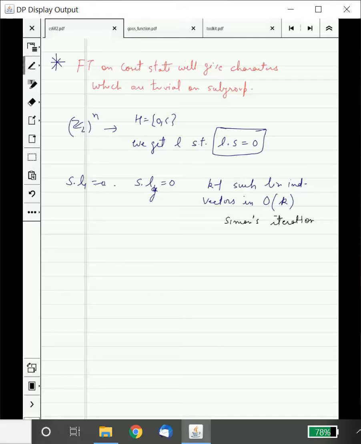Remember that each Simon's iteration gives us one coset state. The claim is now when we take the Fourier transform of a coset state and measure, we will get k minus 1 linearly independent L's or characters with high probability. This is happening with high probability.